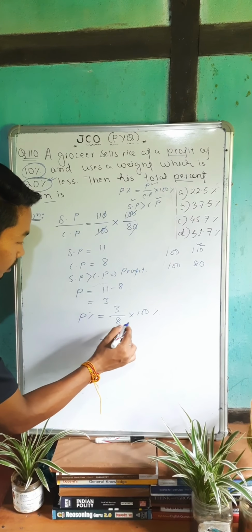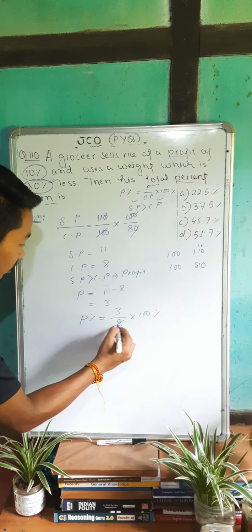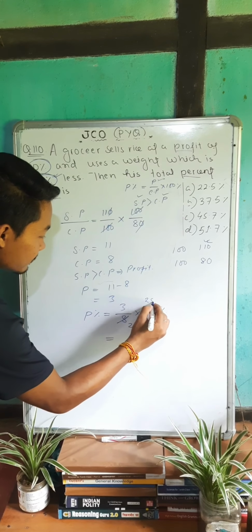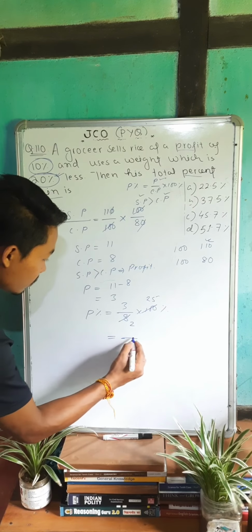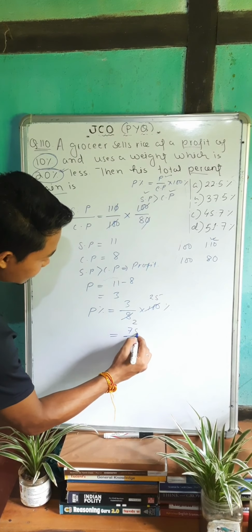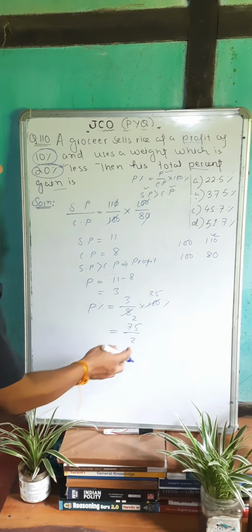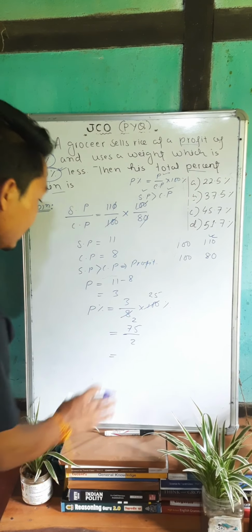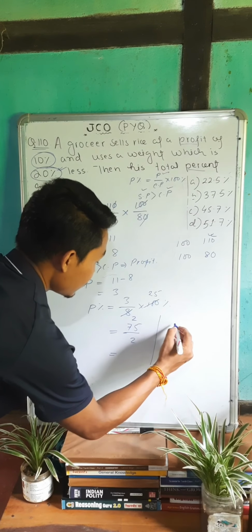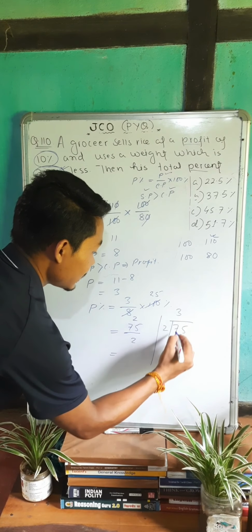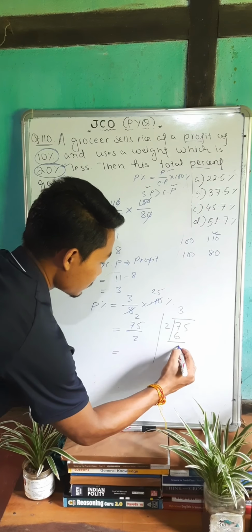Now 100 and 8 we can cancel. 4 2s are 8, 4 25s are 100. Now denominator is 2. 3 into 25 will give us 75. Now we have to divide this one. 75 by 2. 2 3s are 6, remainder 1.